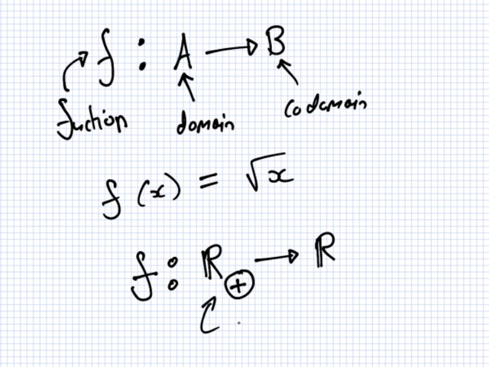So the domain is basically what you can use for x. Domain is another way of saying what is allowed for x.